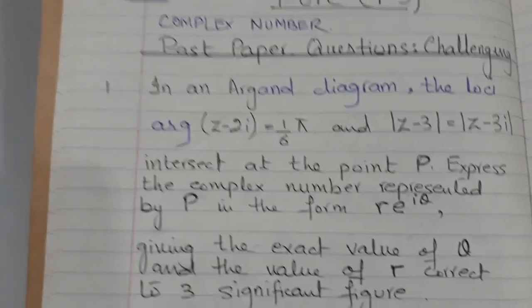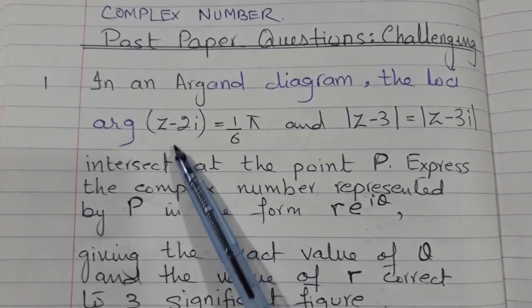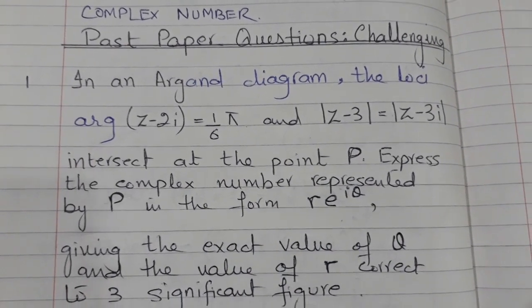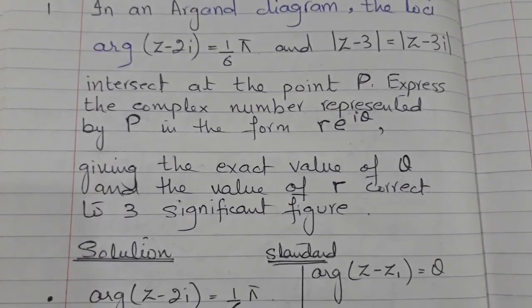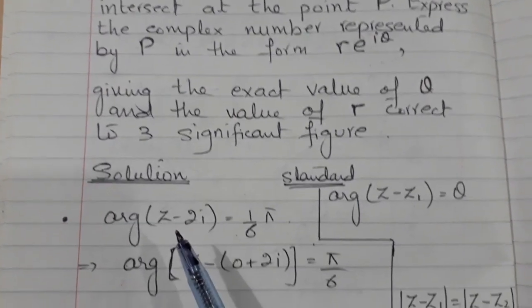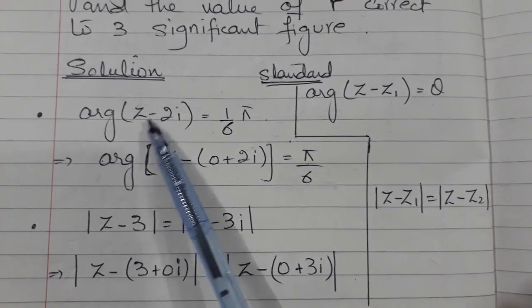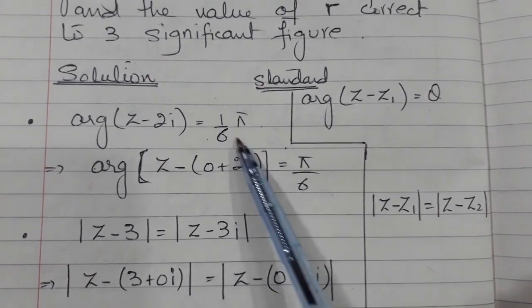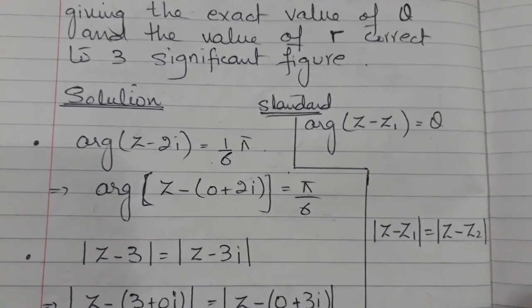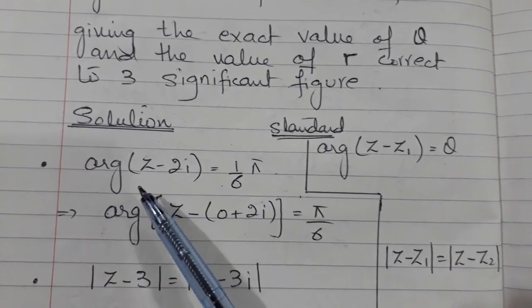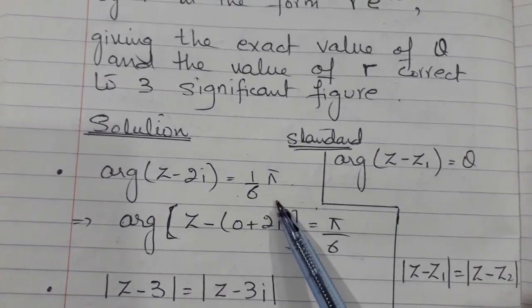So let's start. We need to understand first of all the meaning of these two loci. Let's pick them up one by one. Okay, so the first one was argument of z minus 2i equals pi by 6. Now I told you we have to write it in the general form first, which is argument of z minus z1 equals theta.